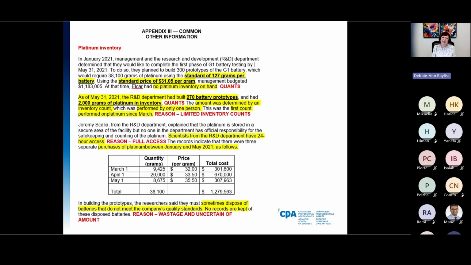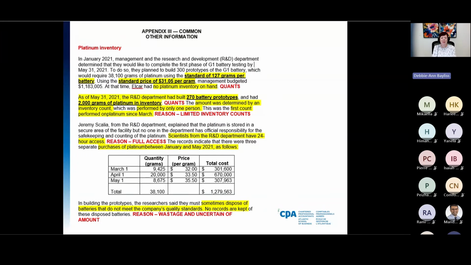Because of limited time, I'm only going to look at two of the appendices for the common information. You'll notice here that I've put in bold letters and underlined quite a bit of quantitative information. When you write the day two case, as you've seen, there are many requireds.